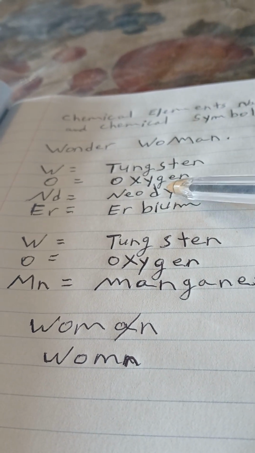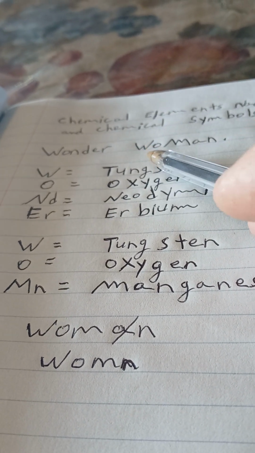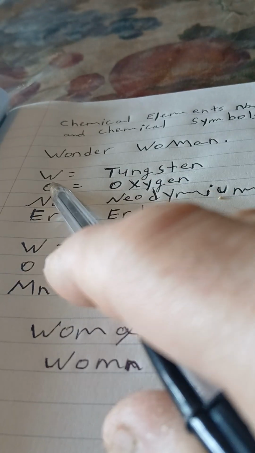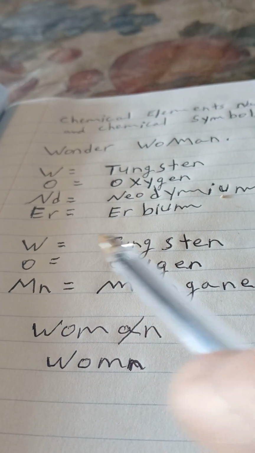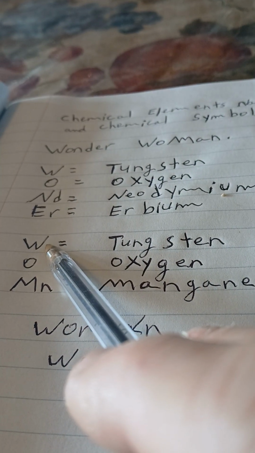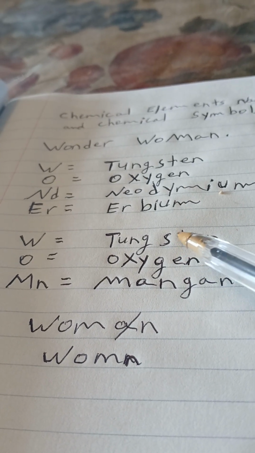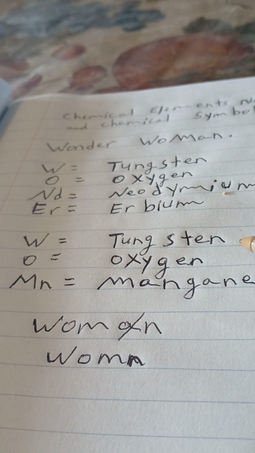Then we're going to go for woman. We know that woman starts with a capital W, and you know the capital W is for tungsten. See here, tungsten. So capital W is the chemical symbol for the chemical element's name of tungsten. Capital TUNGSTEN.